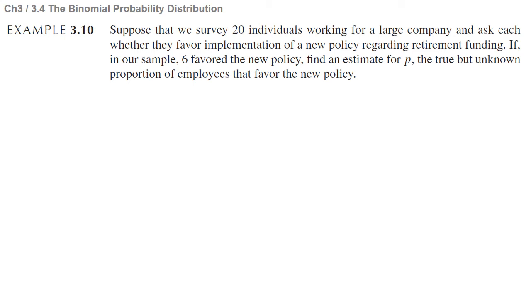Okay, so here the question is we want to estimate p, the true unknown proportion of employees that favor the new policy. And what would be the random variable y? How do we define y?